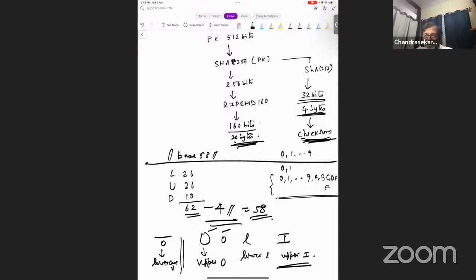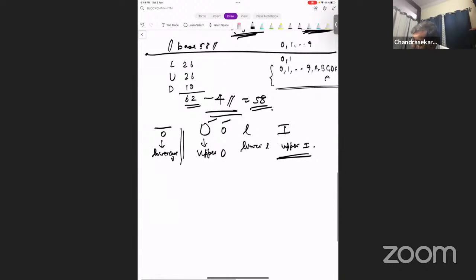So when somebody sends you this, what will you type? You should type lowercase o. Otherwise, when you see a circle there, you will be wondering whether it is 0 or small o. But by definition, I have eliminated the symbol 0, therefore it will be only small o. So, like this, we have the base 58 representation.